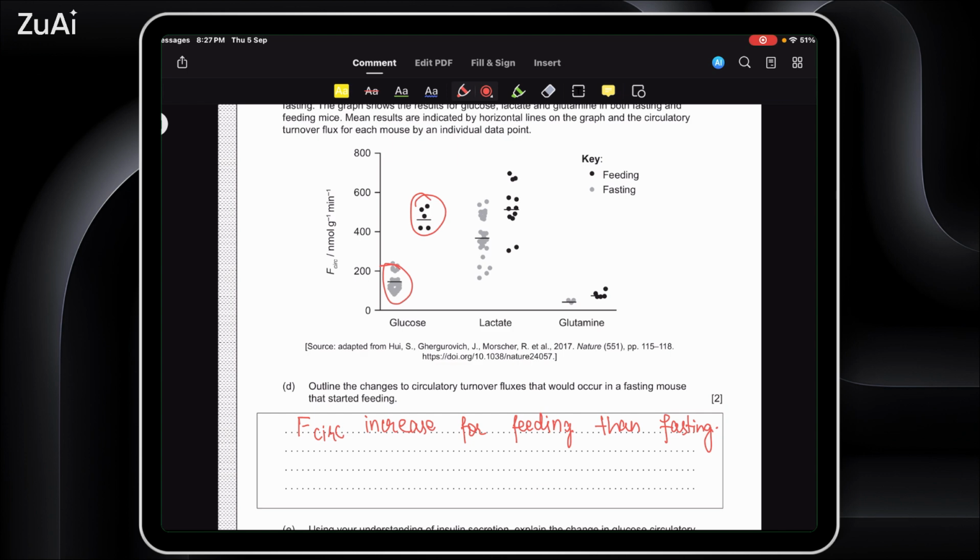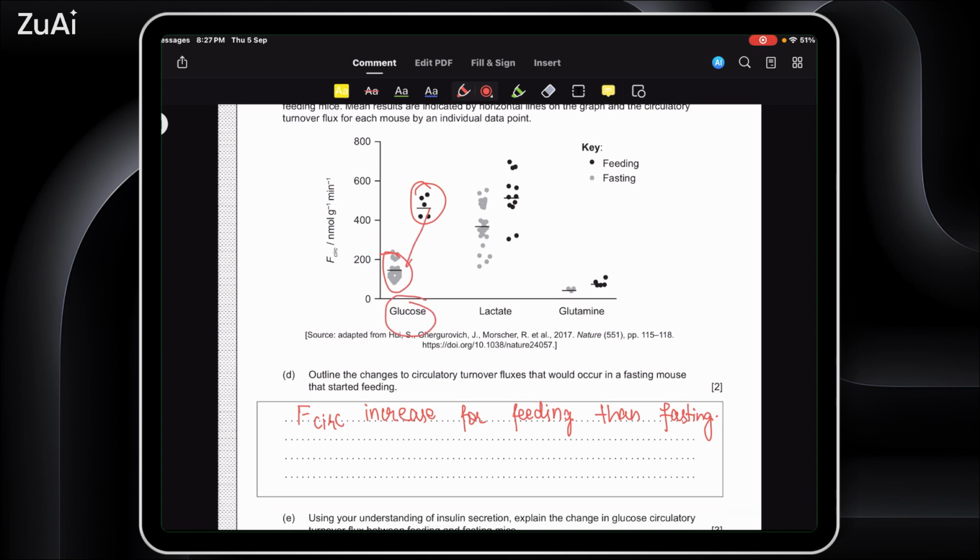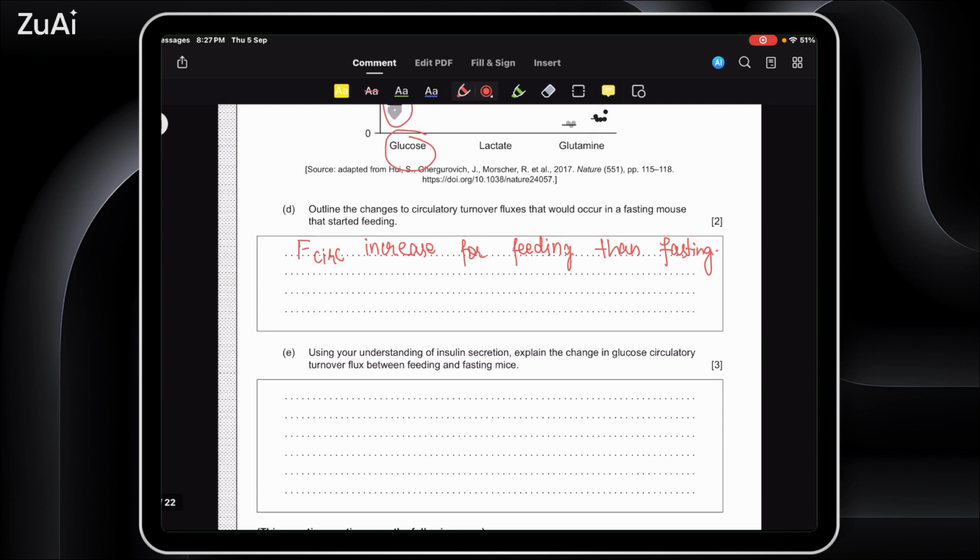And there is a significant increase for glucose. Look at this, that's the significant increase. So the most significant increase is for glucose.